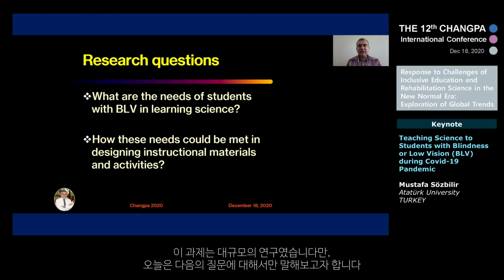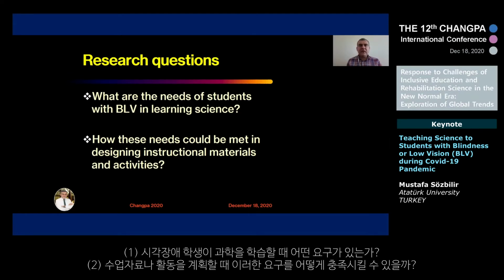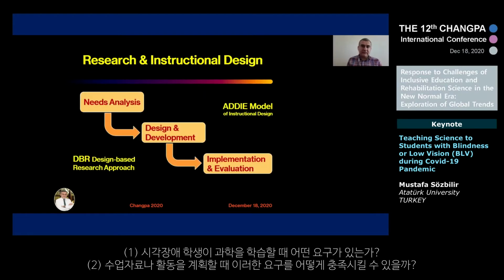This study is a very large study, but I'm just going to talk about two questions on it. What are the needs of the students with BLV, which is blindness and low vision, in learning science, and how could these needs be met in designing instructional materials and instructional activities?